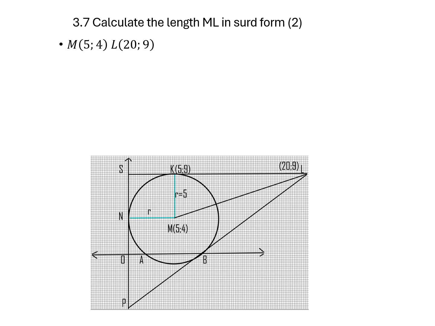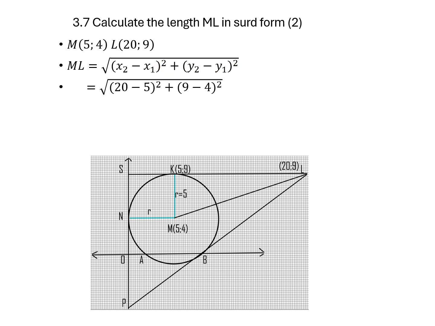Next question. Calculate the length ML in surd form. So we want to know how long it is from M to L. So we know this is (5, 4), and that is (20, 9). Substitute in the distance formula. So ML equals the square root of (x2 minus x1) squared plus (y2 minus y1) squared, which equals the square root of (20 minus 5) squared plus (9 minus 4) squared.